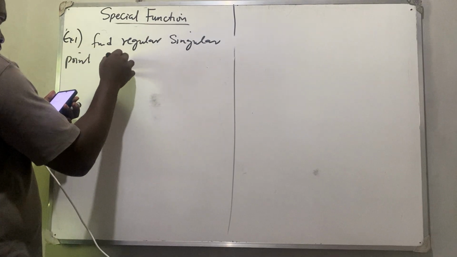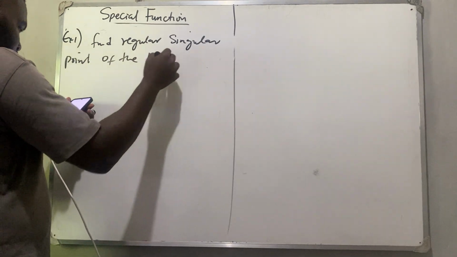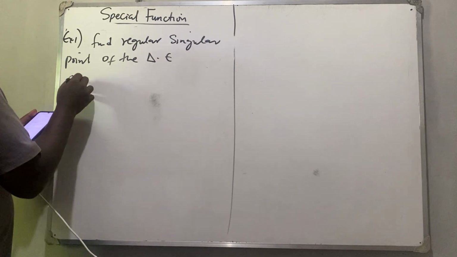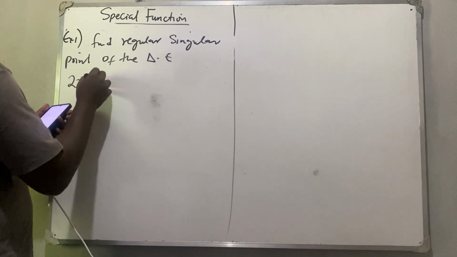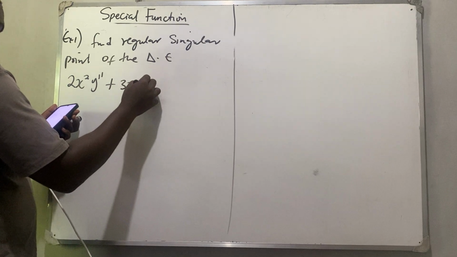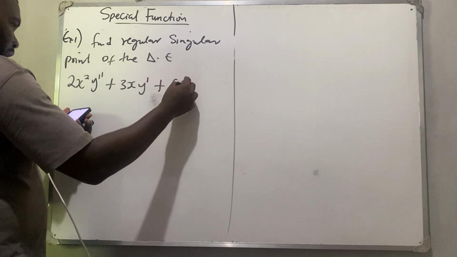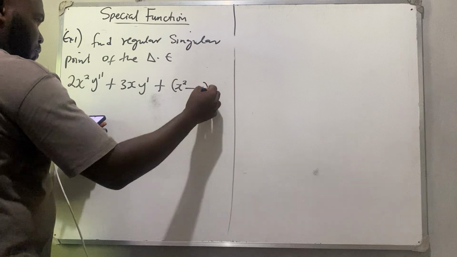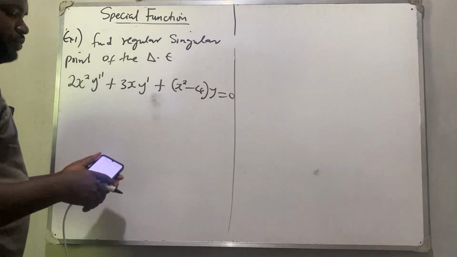of the differential equation 2x squared y prime prime plus 3x y prime plus (x squared minus 4)y is equal to 0. Okay.